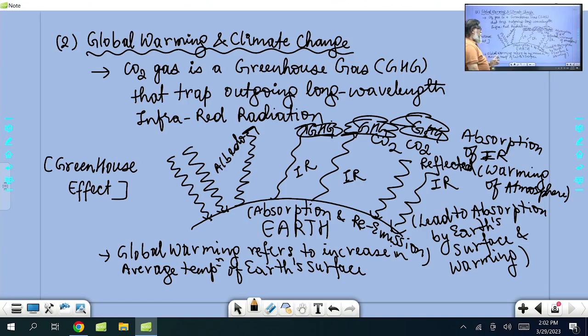So what is global warming? It refers to an increase in average temperature of Earth's surface due to the greenhouse effect.